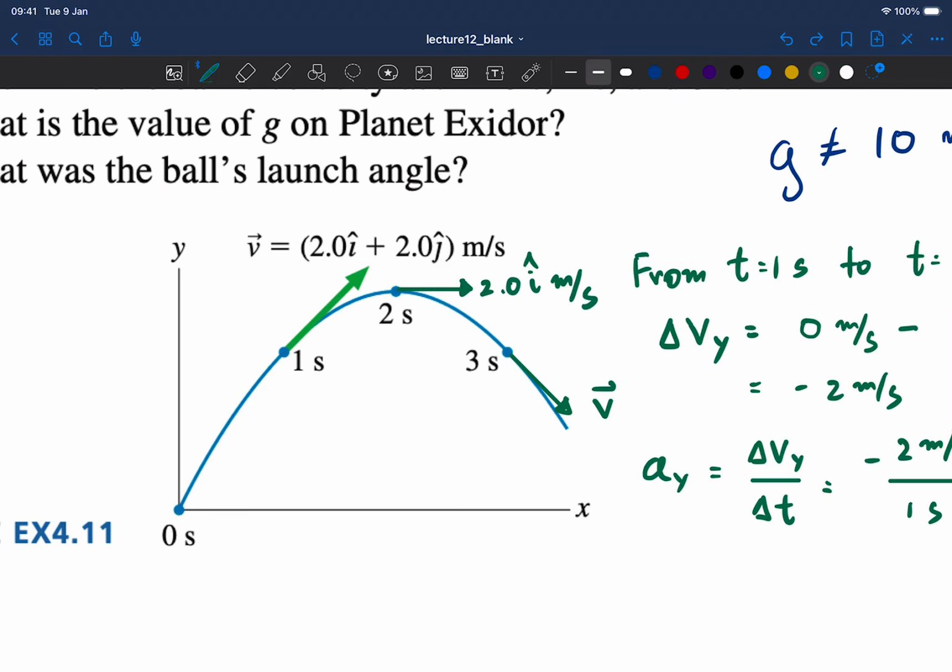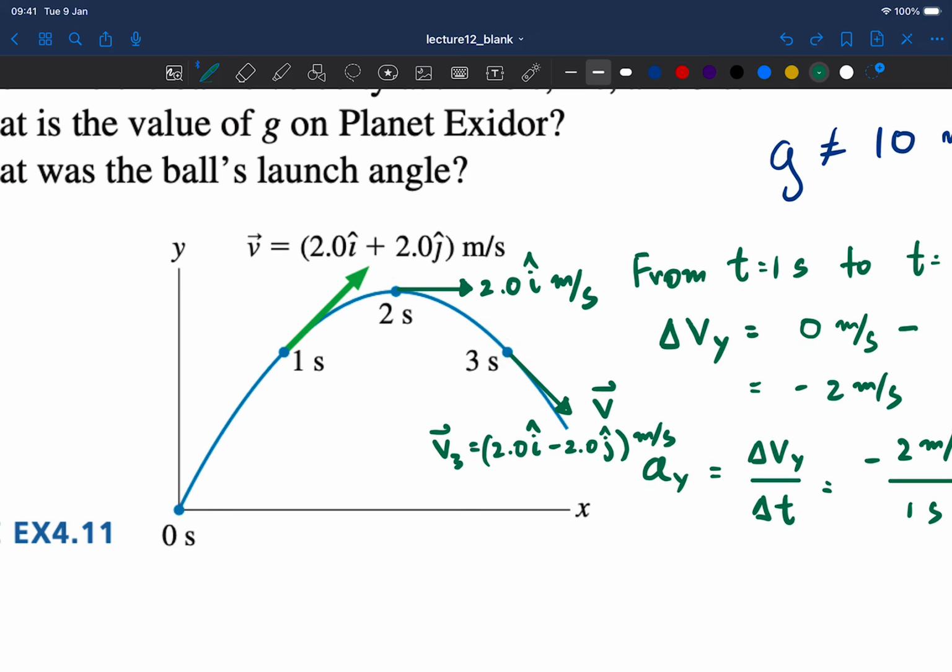And then at 3 seconds, horizontally the velocity is still the same, which is 2. But for the vertical component, because every second gives you minus 2, now it's going to add minus 2j meters per second for the velocity at t equal to 3. Okay, so we answered 1, 2, 3.